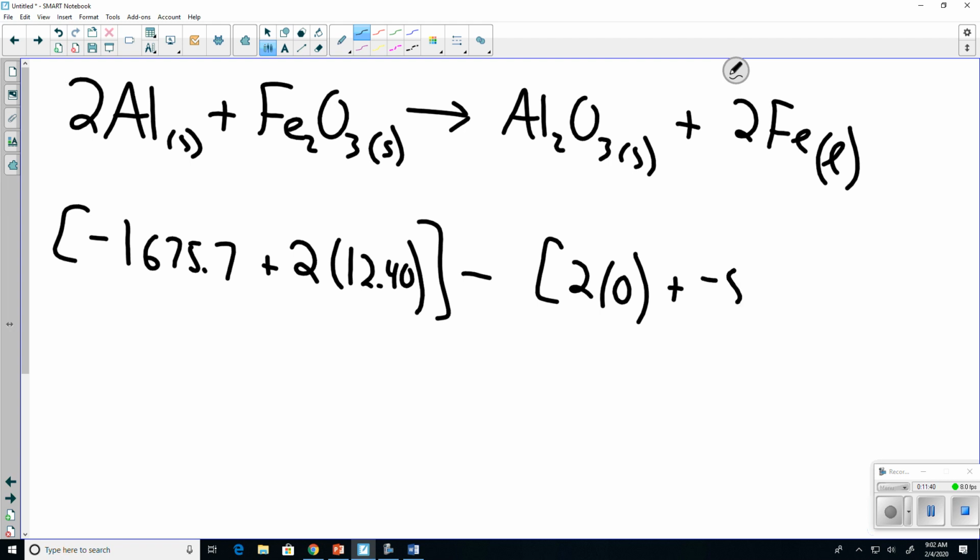Plus a negative 824.2. And I often mathematically like to then figure out just the total value of the products and the reactants. If you are good enough just to solve it all together, that's fine.